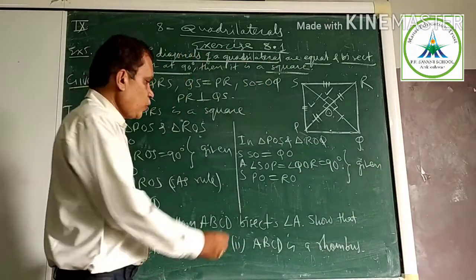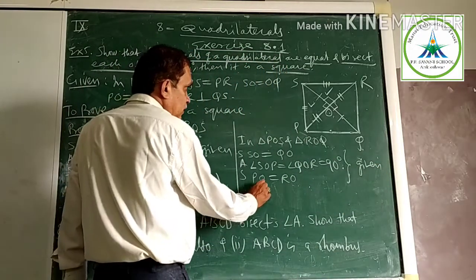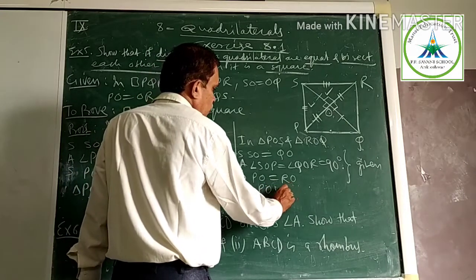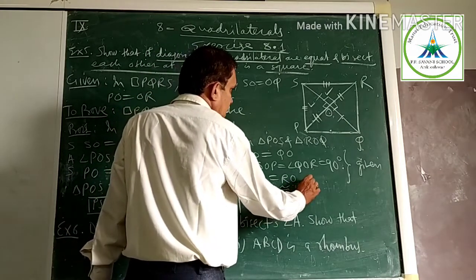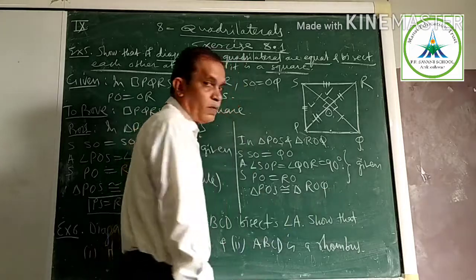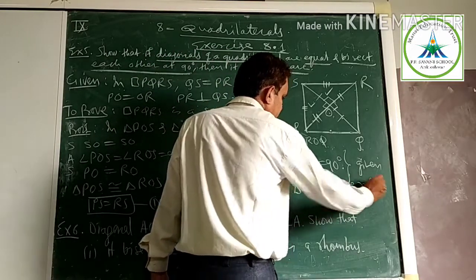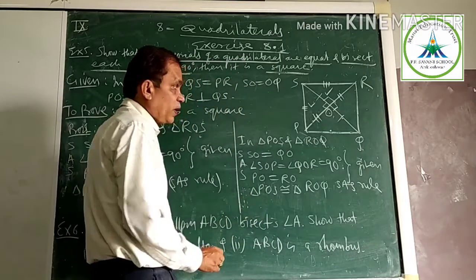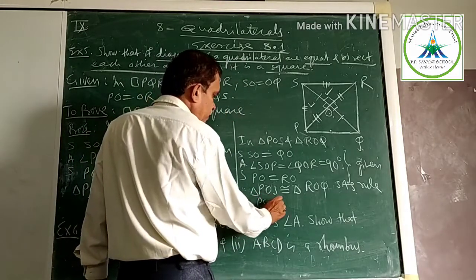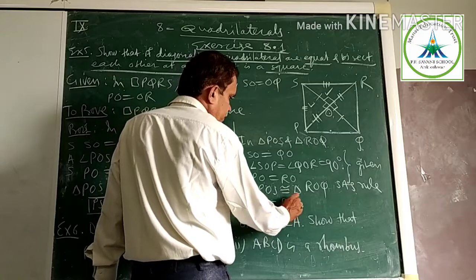Therefore, triangle POS is congruent to triangle ROQ by SAS rule. Therefore, we get PS equal to RQ. Number 2.